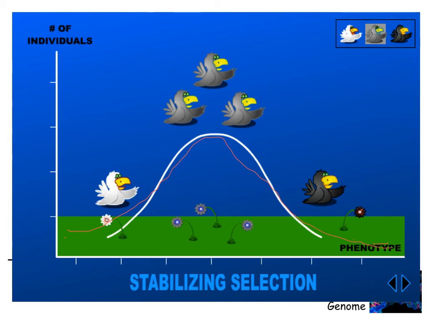But what happens with your stabilising selection is that the curve starts to narrow, because what we're doing is favouring these grey birds here in the centre, and these ones here are going to be more easily spotted, and these ones here. So you get this narrowing of the curve.